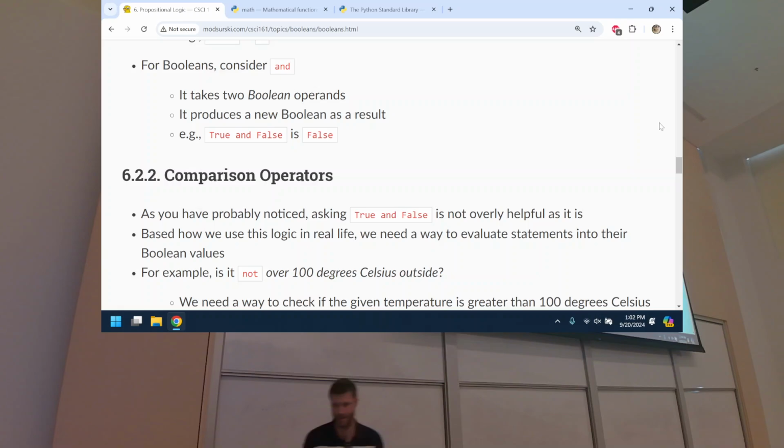Comparison operators are often binary operators. They take two inputs, two operands. The comparison operators, in the examples we're going to see, take two numbers and give me back not a number, a Boolean.